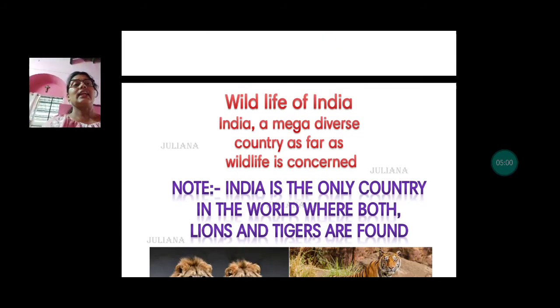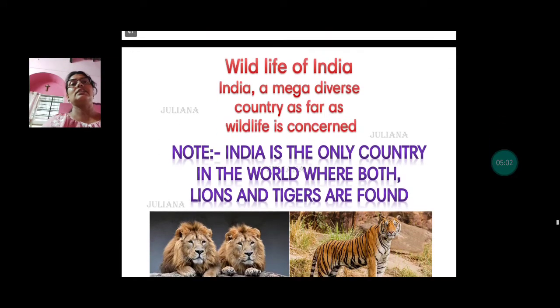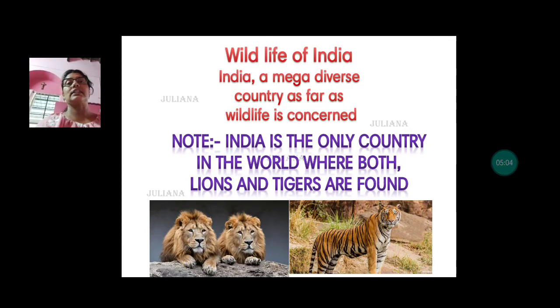India, just like Brazil of course is the largest biodiversity region and largest variety of animals are found in Brazil. But India too is not far behind. Wildlife in India emerges as a mega diverse country as far as wildlife is concerned. Okay, now here is an important fill in the blank or find the odd one out.